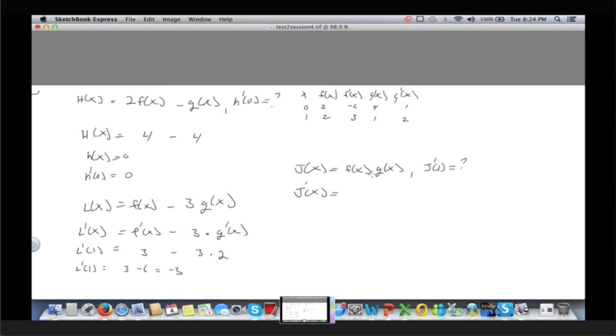So we have a function times a function. So the product rule will be: derivative of f of x times g of x plus derivative of g of x times f of x.